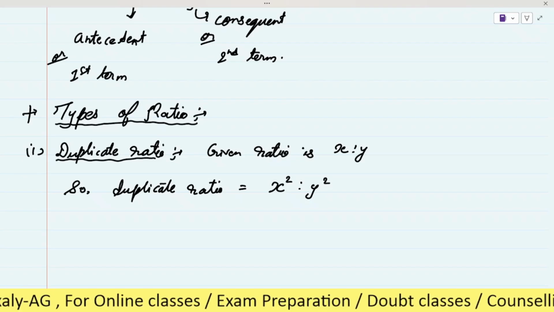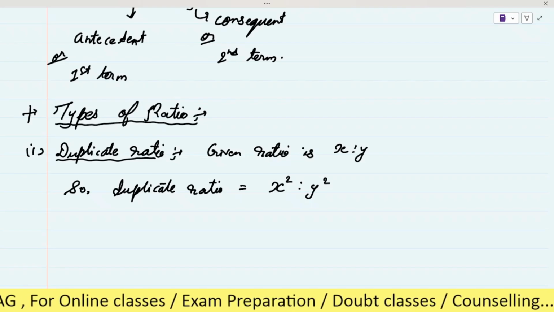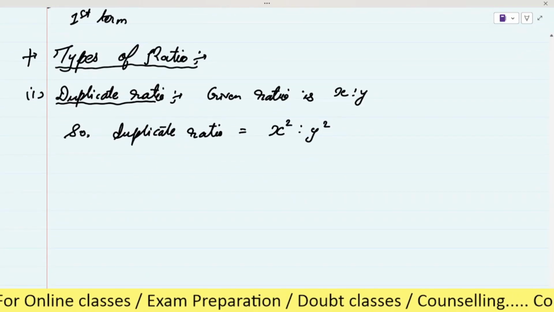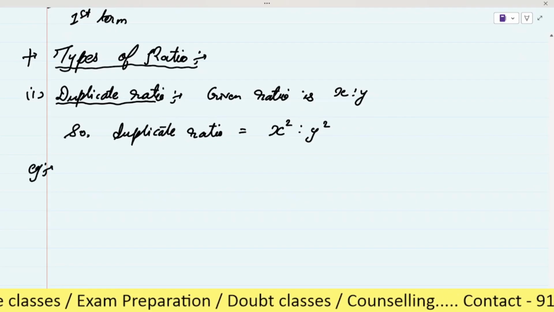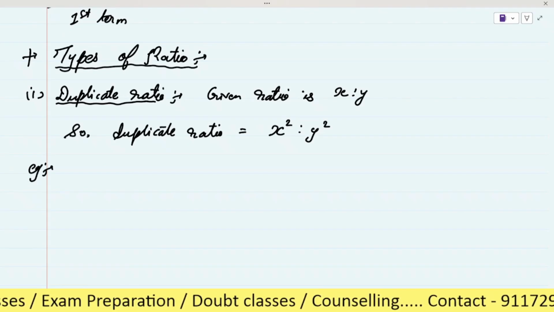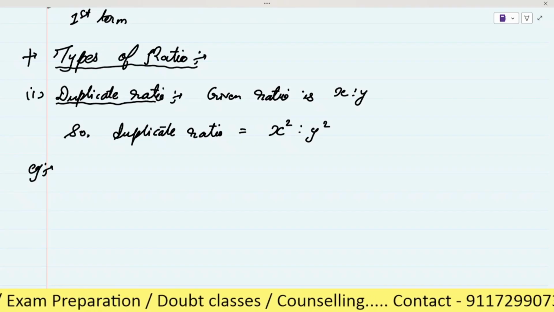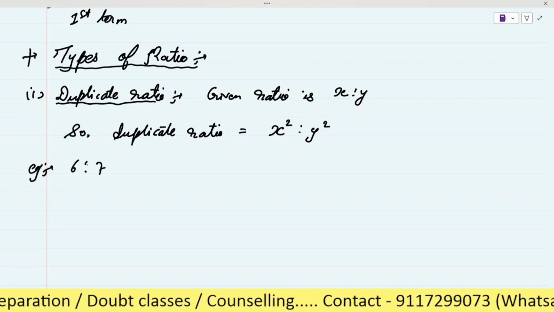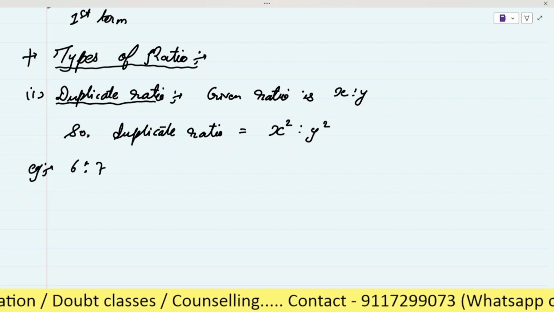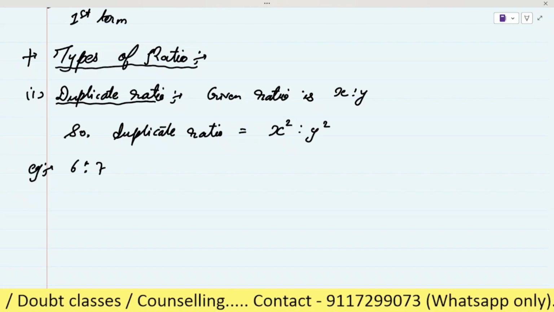Is it clear? Or any doubt? No, sir. As an example, they can ask: find the duplicate ratio of 6 is to 7.